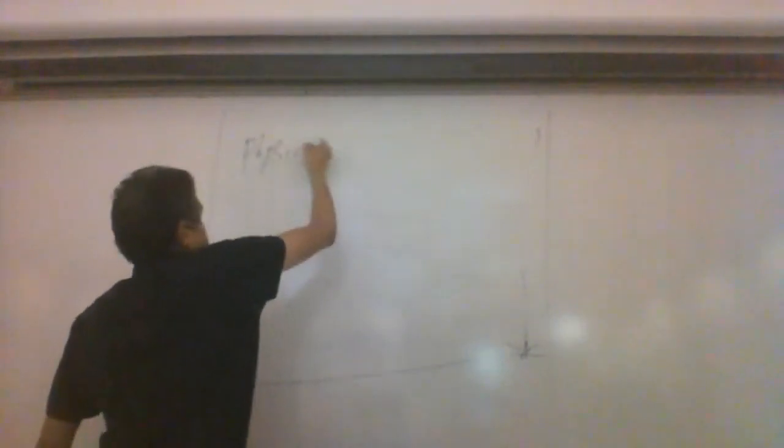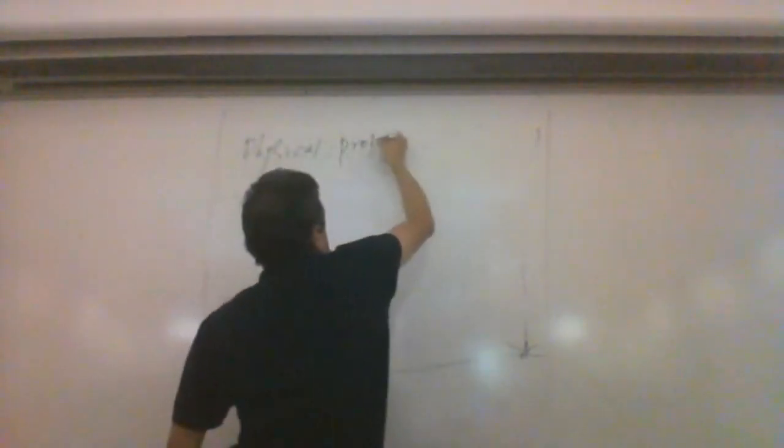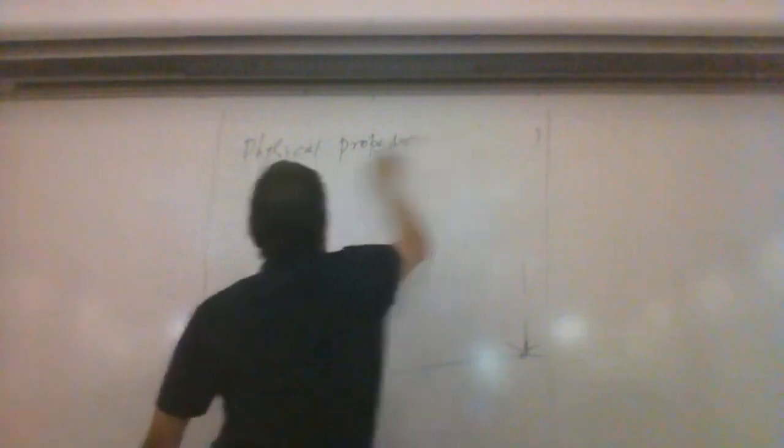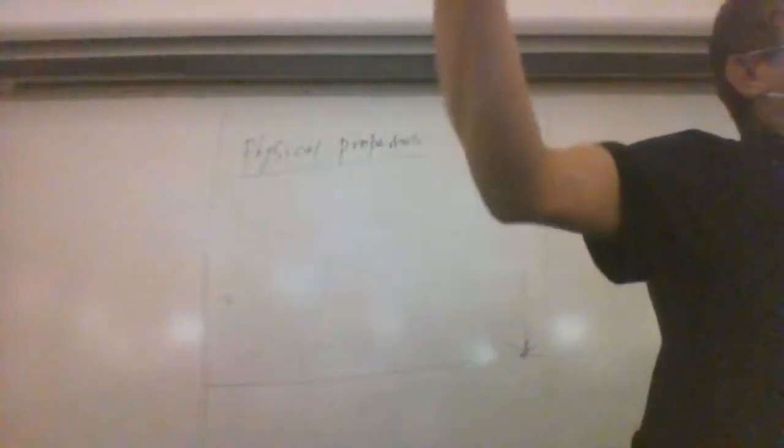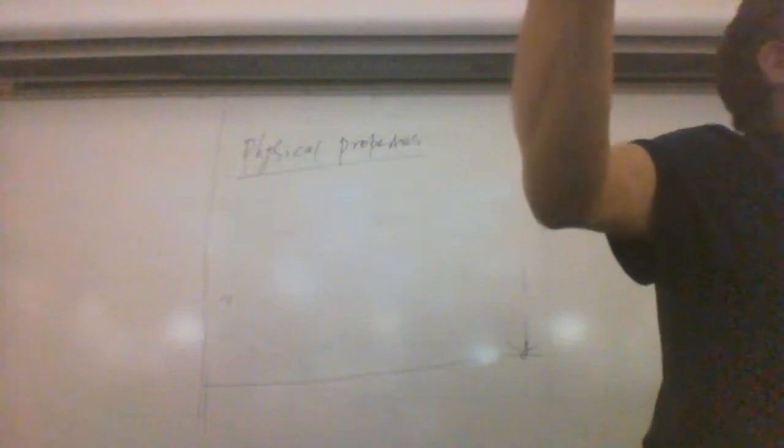Now let's talk about the physical properties of things. Physical properties of things. So, what is the height of someone? How long are the arms? What is the color of the eyes? Those are physical properties, right?